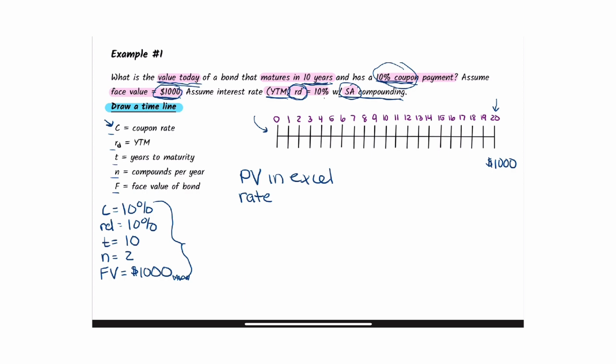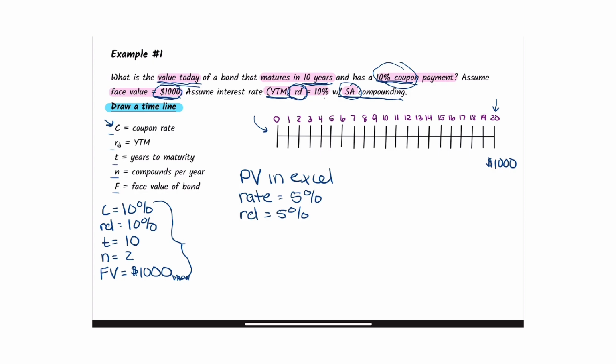So my coupon rate is 10%, but semi-annually, that's going to be 5%, right? Because divided by 2. And then our RD, or our yield to maturity, that's also going to be 5%. We're just turning everything into semi-annual terms here.